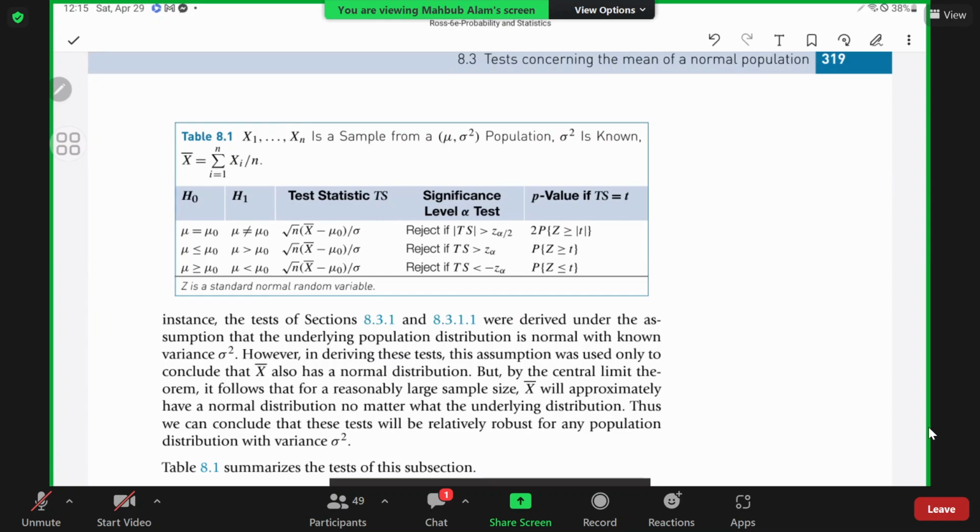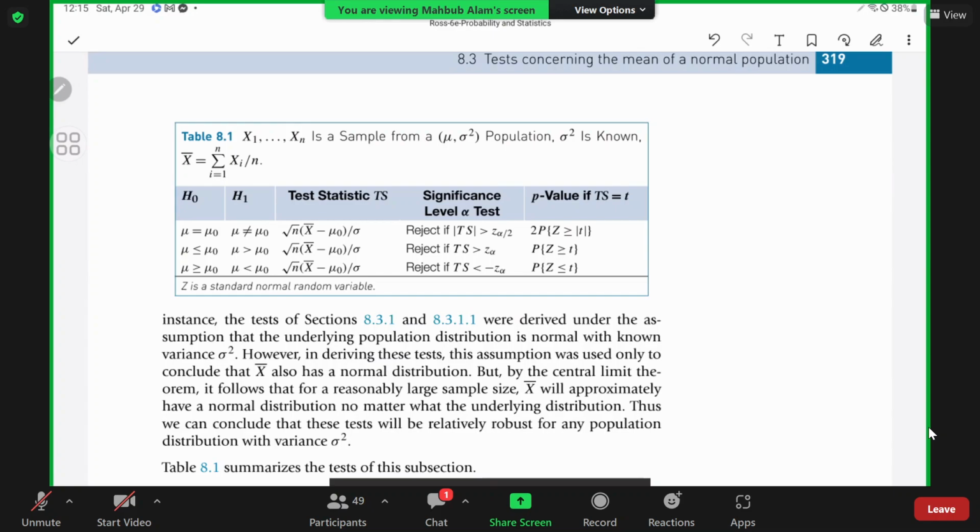Now, for this test, we have three options. The first one that we discussed in detail: this is the test statistic, the null hypothesis is this one, the alternate hypothesis is this one, and we reject if this is greater than z alpha by 2 or less than minus z alpha by 2. And we also have the p-value right here. This will be given in the question.